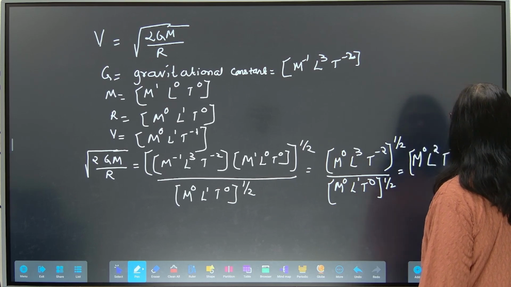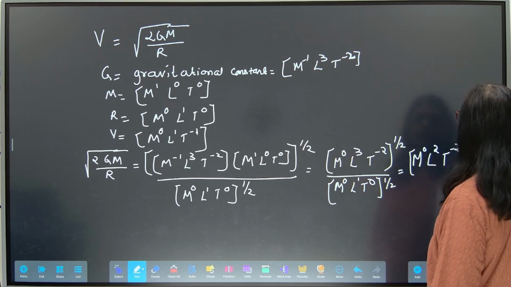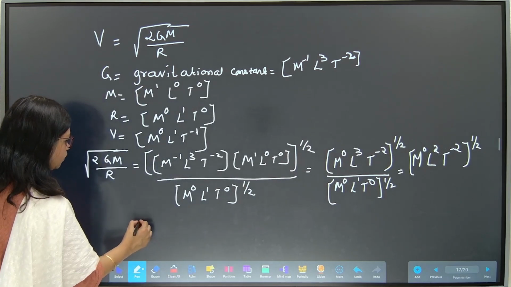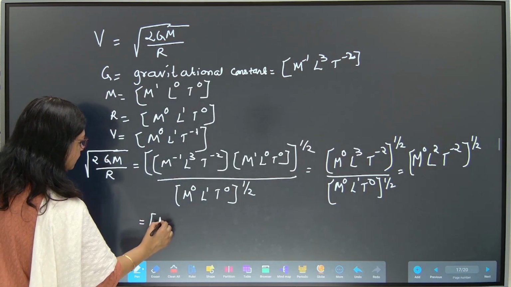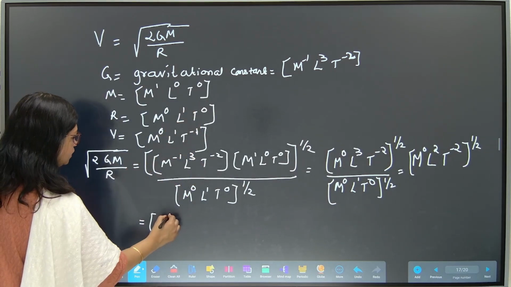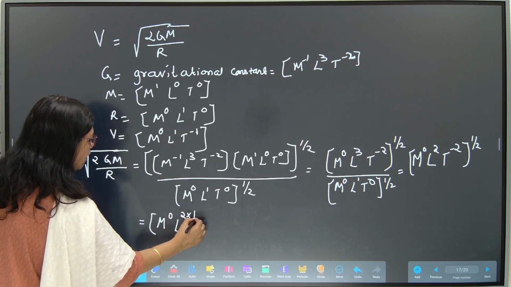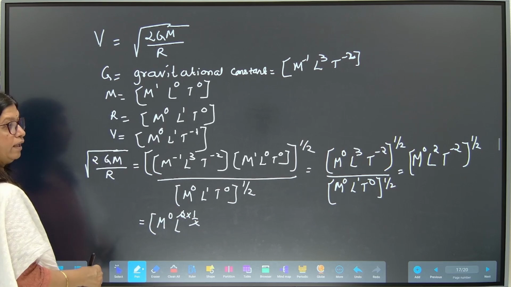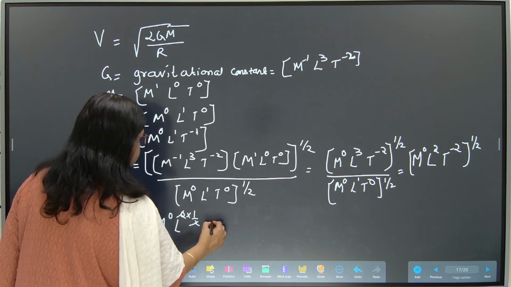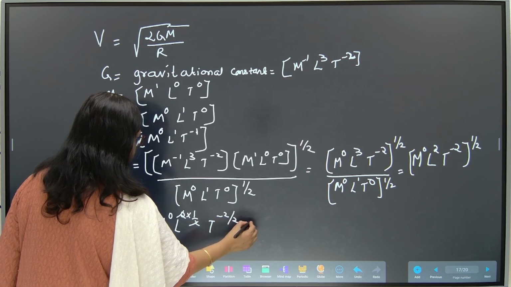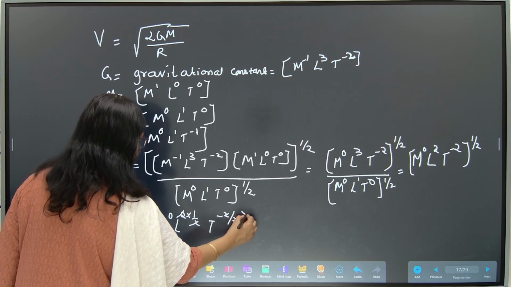Okay. Now when the power is outside, you have to multiply. So let me multiply and see. M 0 multiplied by half, 0. L 2 multiplied by half, 1. T minus 2 multiplied by half, that is also minus 1.